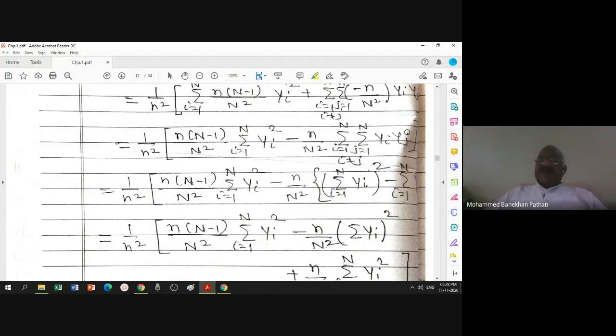I will write the left hand side as (x1 + x2) whole bracket square, that is the sum of square, minus, from the right hand side, x1 square goes to the left with a minus sign, x2 square goes to the left with a minus sign. So this is summation yi square. So the sum of product is written this way.